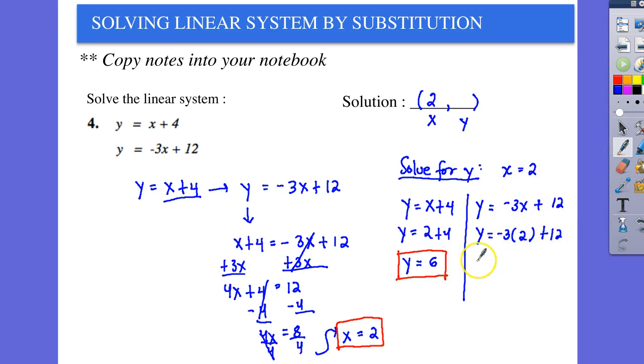After you plug it in, you just simplify. Negative 3 times 2 is negative 6, plus 12. So y equals negative 6 plus 12, which is 6. So since we got the same value for y, that means y is really 6. So your answer is correct.